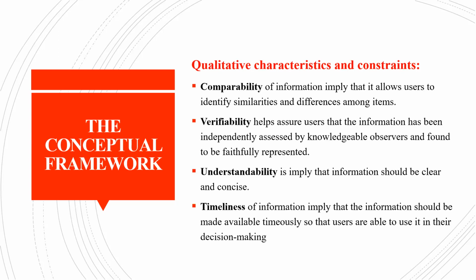On the next slideshow, I begin to explain what these qualitative characteristics are. Comparability means the information allows the users to identify similarities as well as differences among items, right? Not only within the entity itself that is reporting, but also with other entities within the same industry.